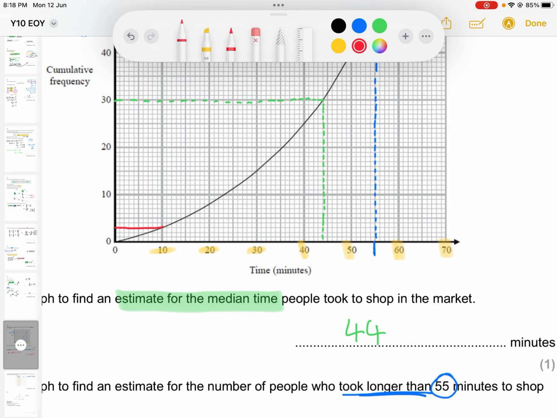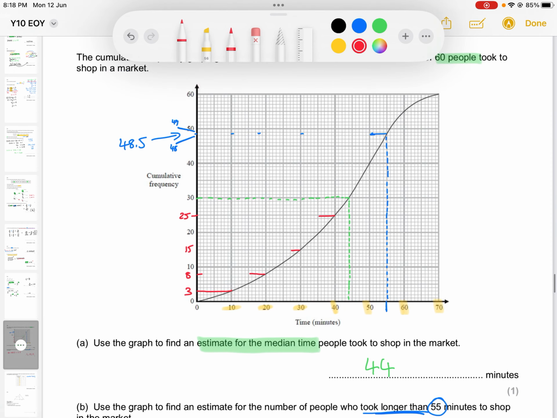So this number here is 3. We have this number here, just to speed this up a little bit, is 8. This number here is 15. This number here gives us 25. Next, this number here is easy enough to see, 40. We then go along here for 55. And then last but not least, we have 60.